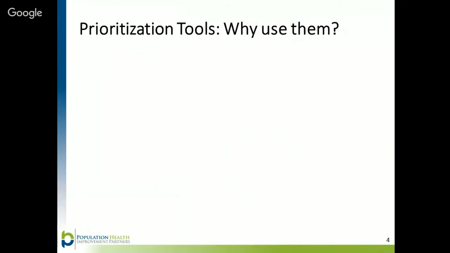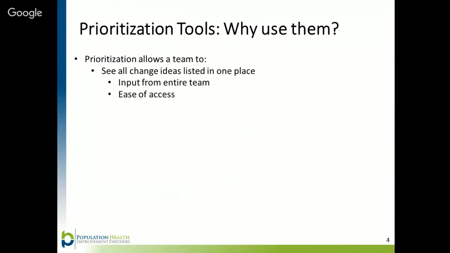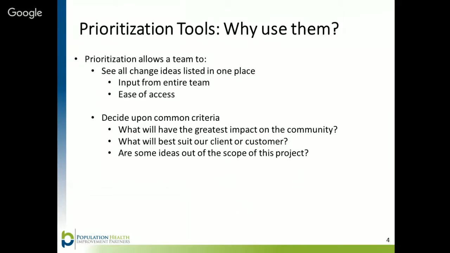Prioritization is an important step in the improvement process, as it allows your team to see all of the change ideas listed in one place, decide upon common criteria on which to base their decisions of which ideas to prioritize first, and which ideas may be too difficult or cumbersome to implement at the time.